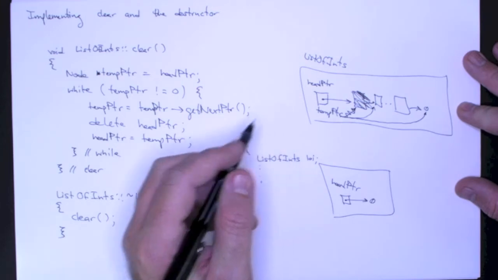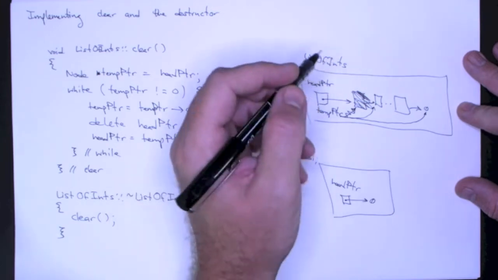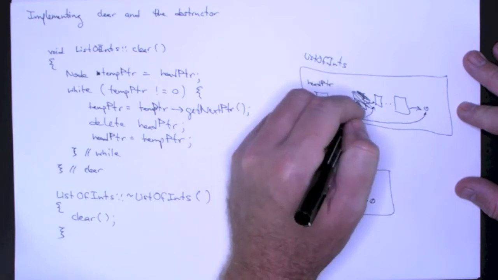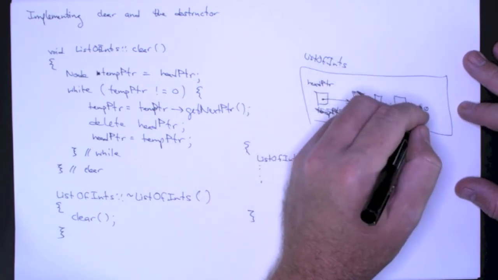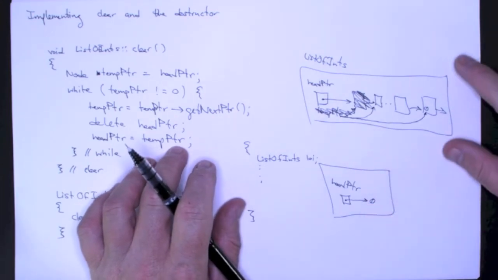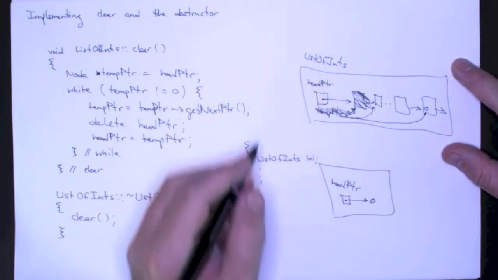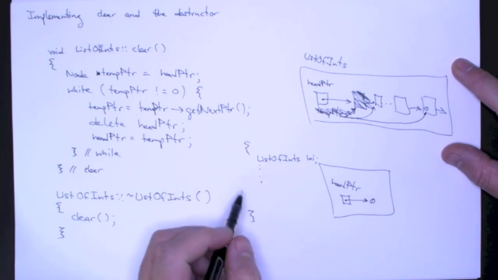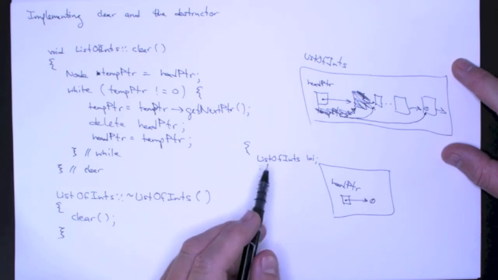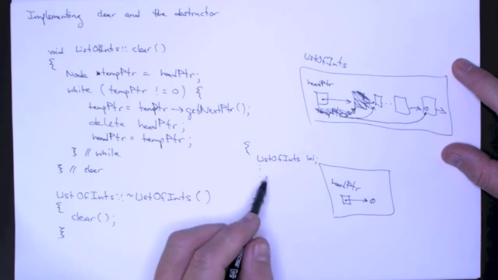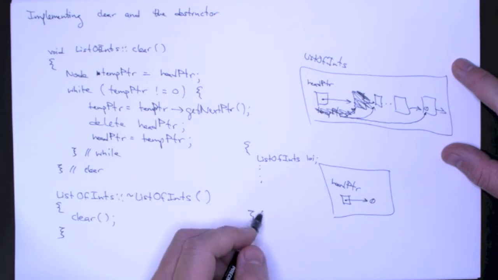But let's say, for example, that LOI here has a list of these nodes. And this is the state of the object when we reach the end of this block. Well, what happens is the primitive types are deallocated by the default implementation of the destructor.